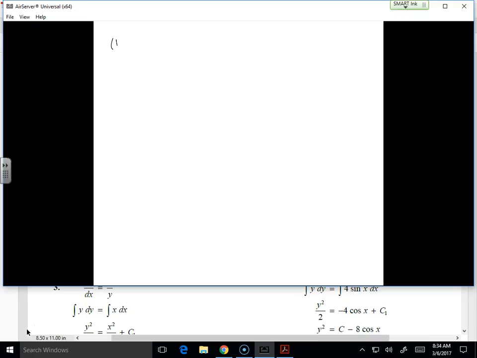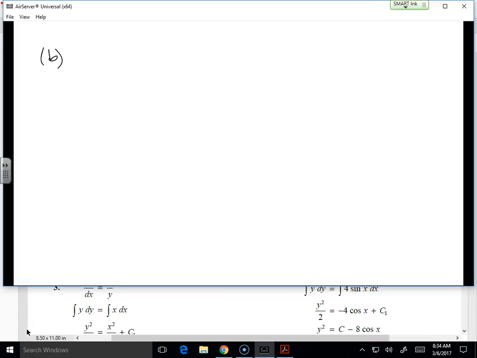Nope, letter B. Remember, you have to multiply by dx first. Make your sandwiches with your integrals and your differentials.